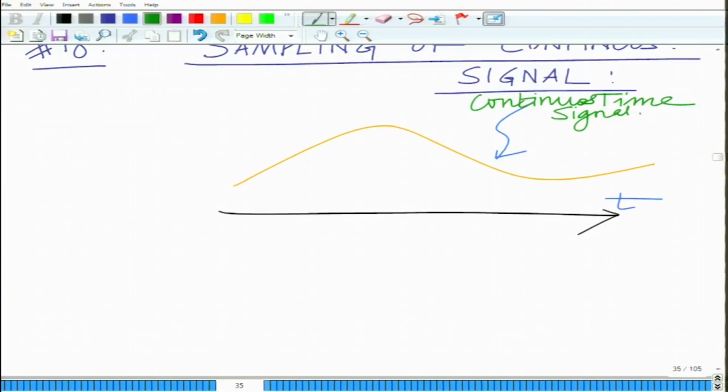This process is termed as sampling, that is converting this continuous time analog signal into a discrete time signal. So, we place different time instants at which we extract the values of the signal.